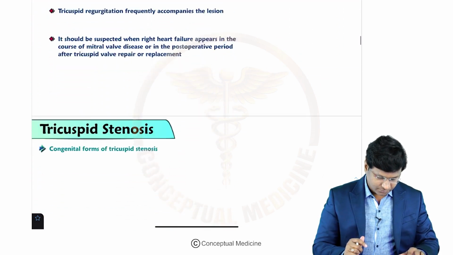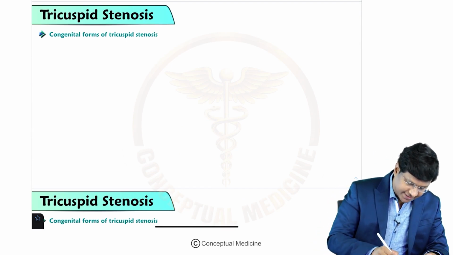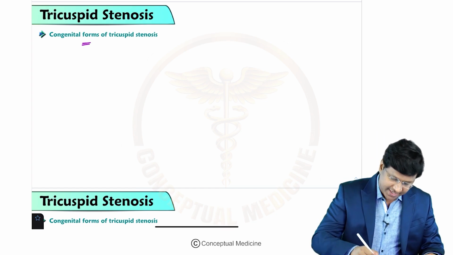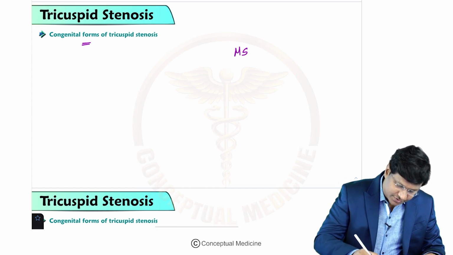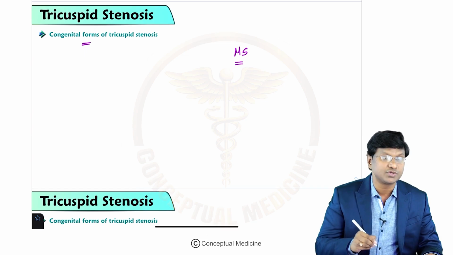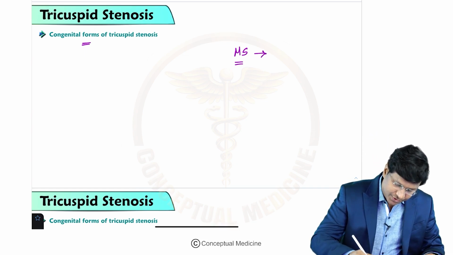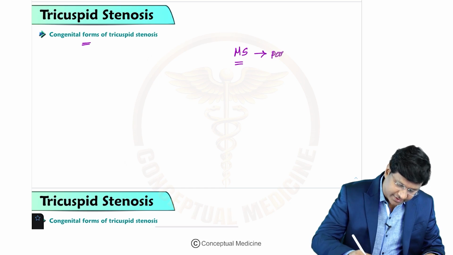Then we also have congenital forms of tricuspid stenosis. As you have congenital forms for mitral stenosis, there is also what is called congenital mitral stenosis, where you have what is called parachute mitral valve.